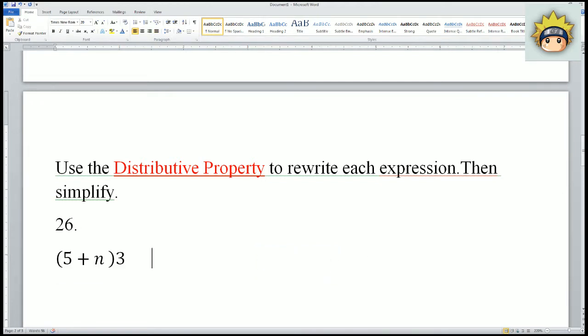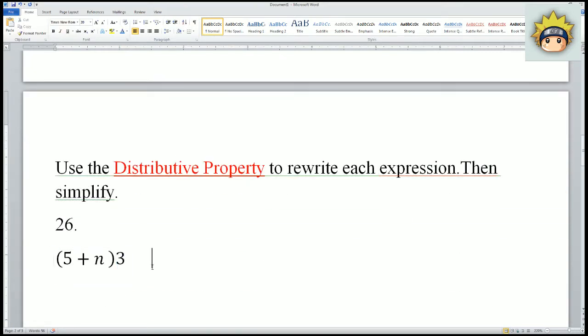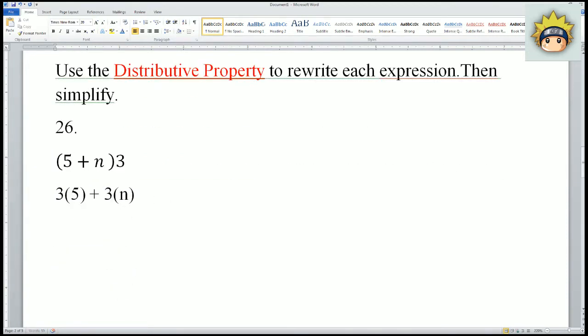From here, what we need to do is, again, we have to distribute. So the 3 will need to multiply into the 5. So 3 multiplies into the 5 plus 3 will need to be multiplied to the n. See how I distribute the 3 times the 5, then 3 times n becomes 3n. Now I can simplify.